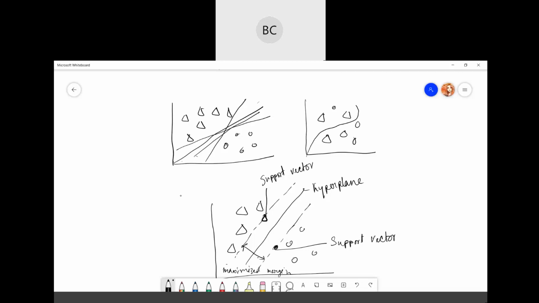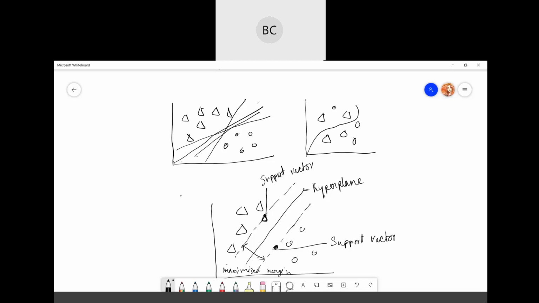The optimized line is the hyperplane. If there are two categories, you can draw any line, as long as it separates the classes into two halves. So there can be multiple decision lines or boundaries to segregate the classes, but SVM finds the best boundary.